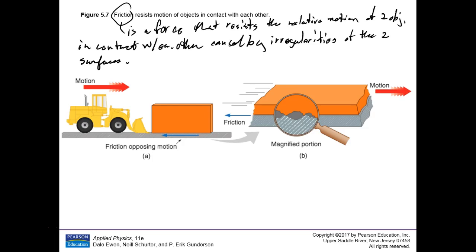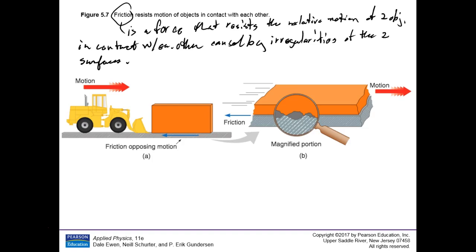Here you have a front end loader pushing against this big old block here. Now that may push with a lot of force, and it may take a lot of gas to finally get it to move. Okay? Now why? Because friction between this block and that surface is resisting the motion here.